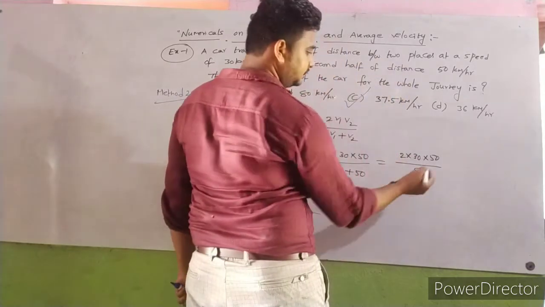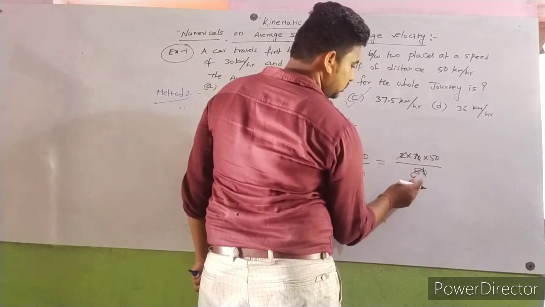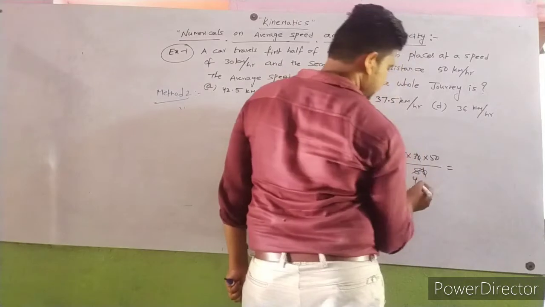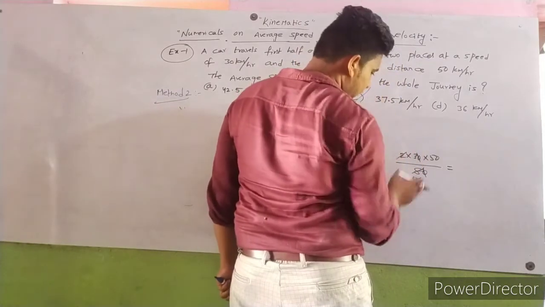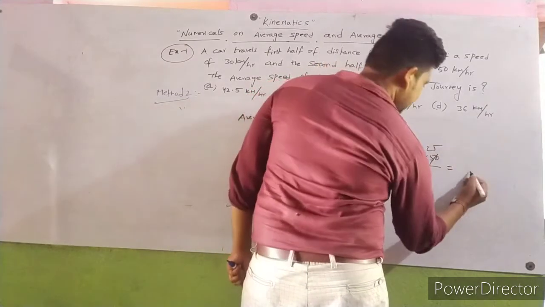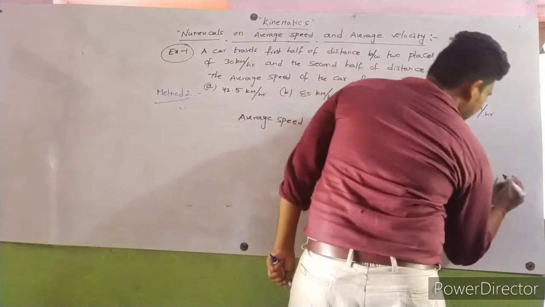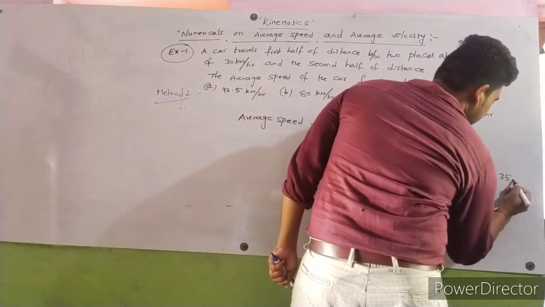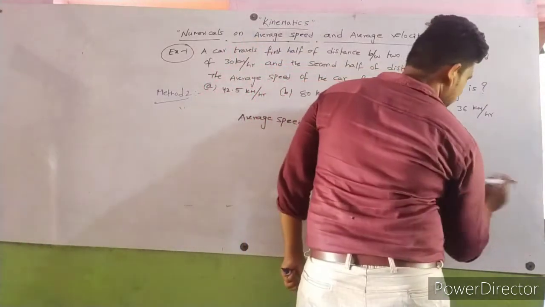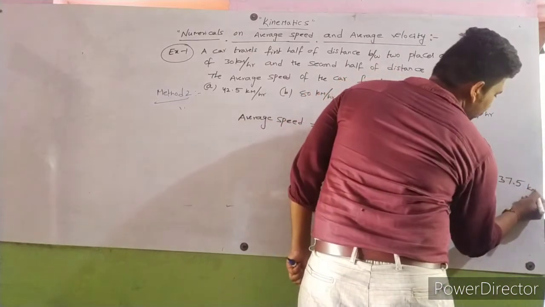From this, the 0 cancels, 2 fours are 8, and 4 how many times here? 2 fours, 2 twos, 2 25s, and this gives 75 by 2. 75 by 2 means 37.5. So what we got finally is 37.5 kilometers per hour.